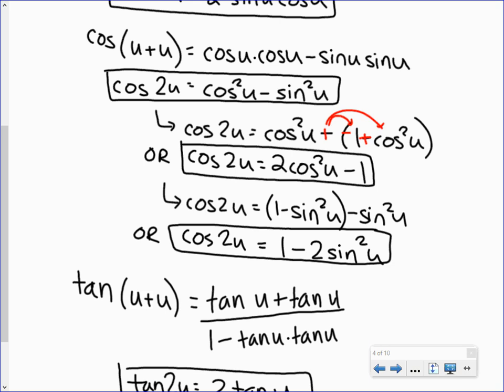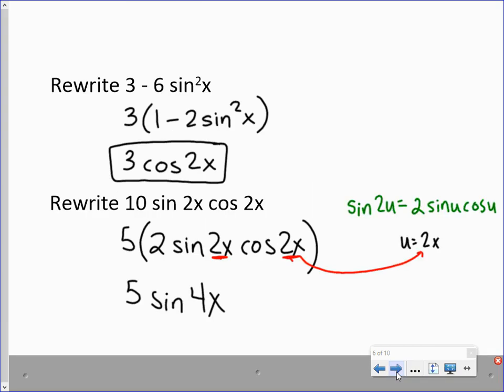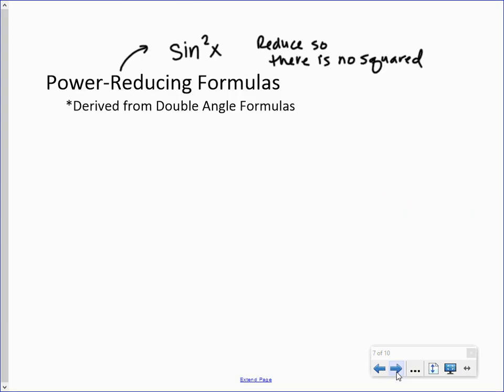Let's write down the first double angle. Cosine 2u equals 2 cosine squared u minus 1. To create the power reducing formula, we're just going to isolate cosine squared.